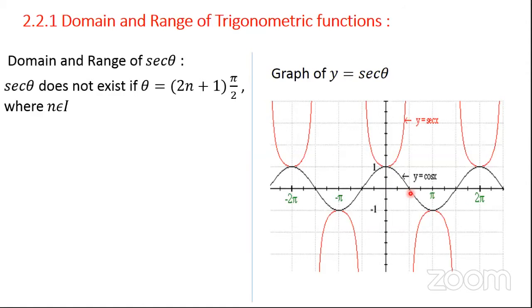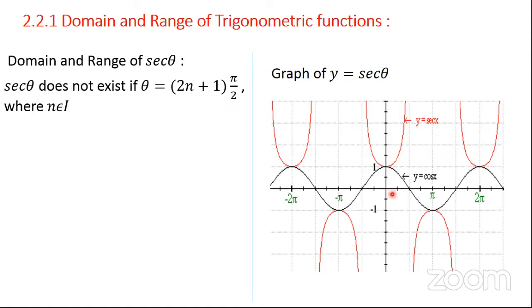Similarly, cos 3 pi by 2, cos 5 pi by 2 are also 0. But if cos theta is 0, for theta equal to pi by 2, 3 pi by 2, 5 pi by 2, then sec theta does not exist.